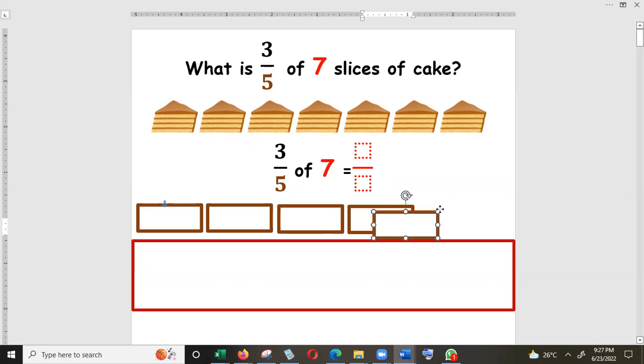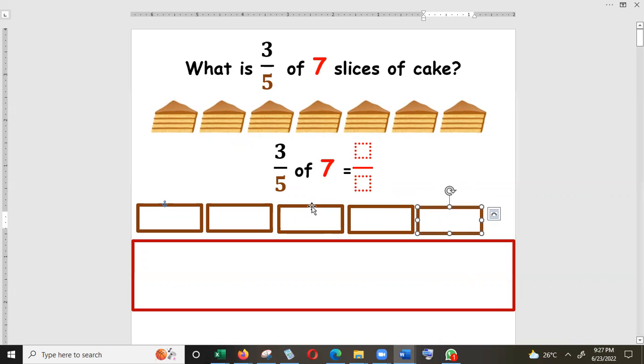So here we have our 5 equal portions prepared.